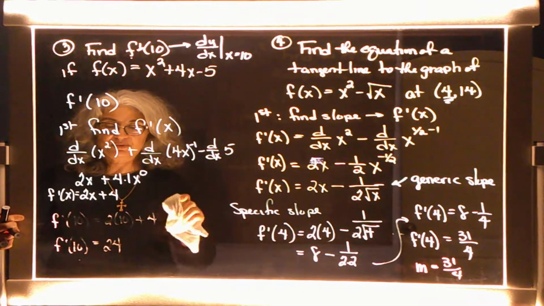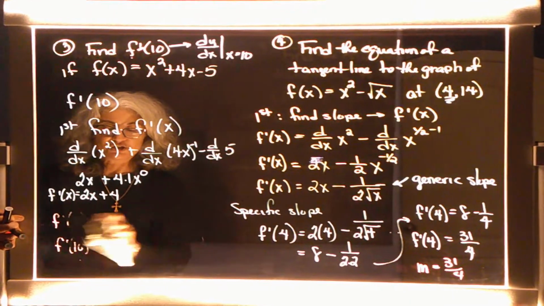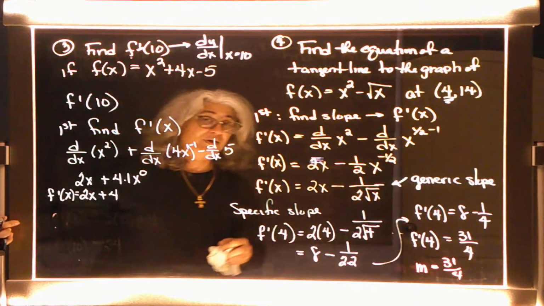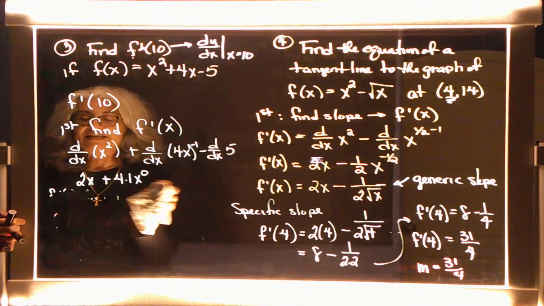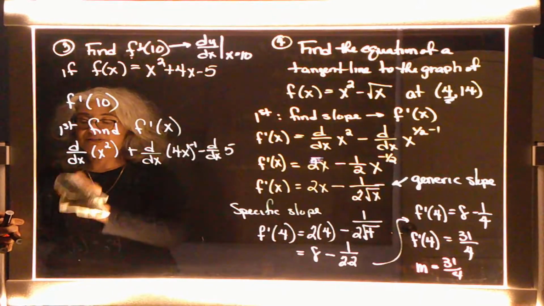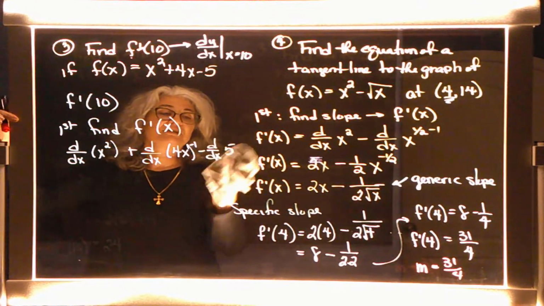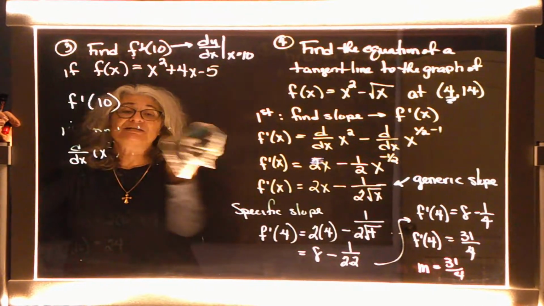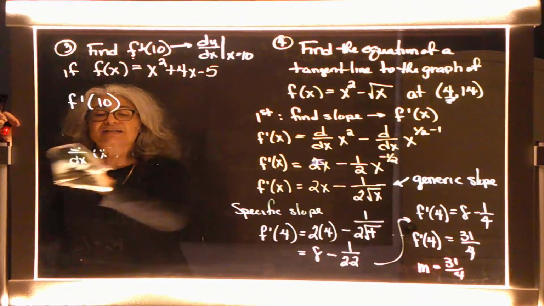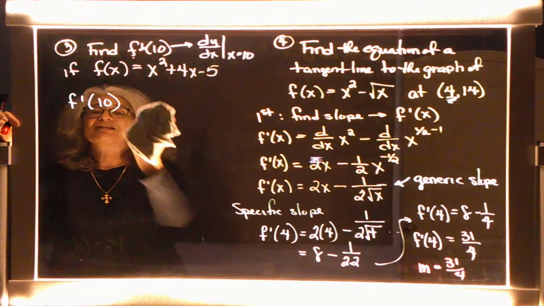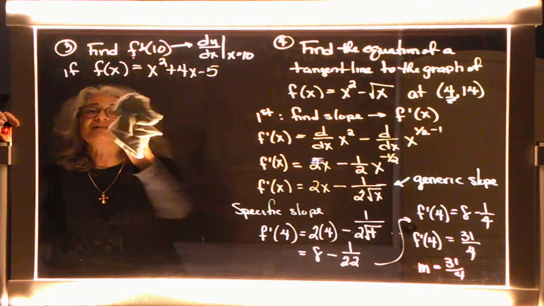Need a little bit of board space. So you found the slope. Do you have a point? Yes, we have a point. The point was 4, 14, right? So since I have a slope, and since I have the point, can I now find the equation of the line? You're right, I sure can find the equation of the line.